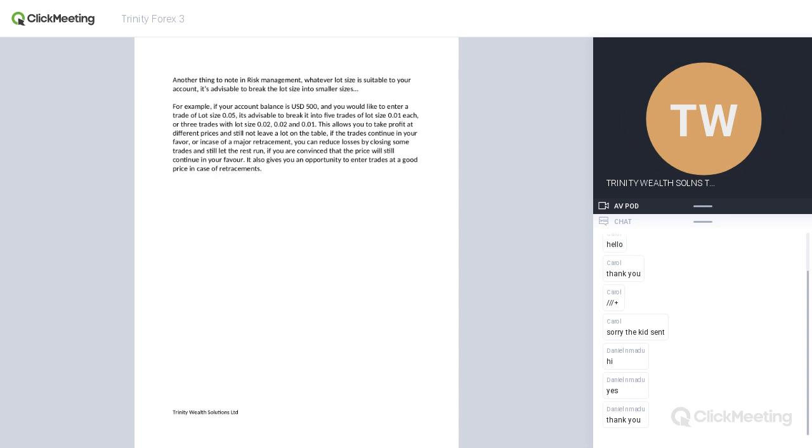Why? It gives you room to have different take profits, all right? So it's good to break. You don't have to just do one full lot size. You can break it into smaller pieces, so that you're able to manage your risk better, all right?